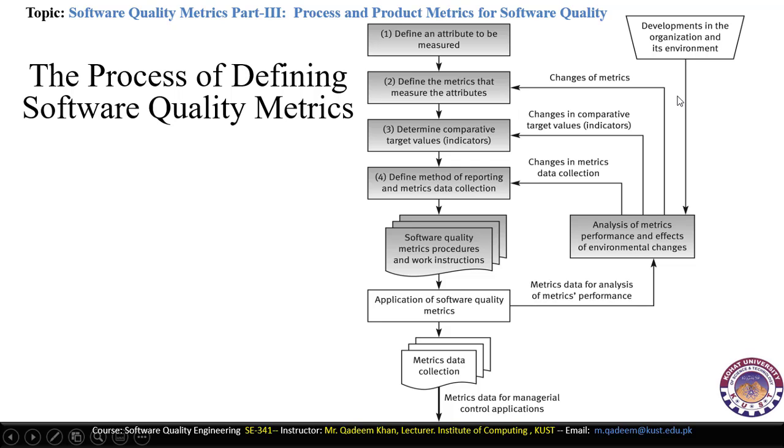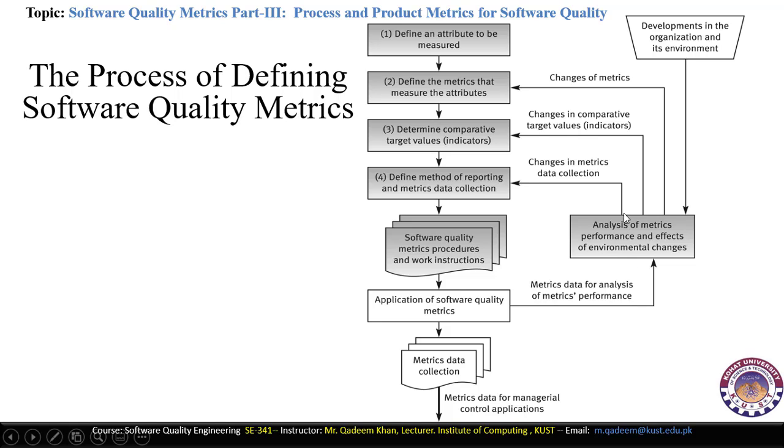So here the change of metrics may be required. For example, if we have wrongly selected certain metrics in the first steps, then we will reconsider these metrics, or we will change them and use new metrics here. Then with changes in comparative target values, we can also change the indicators, which are the target values.